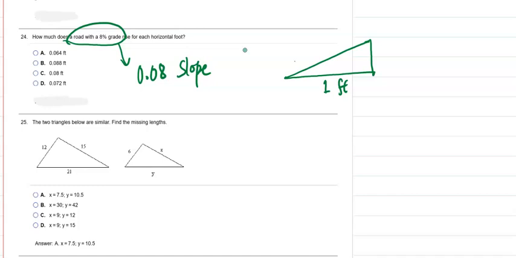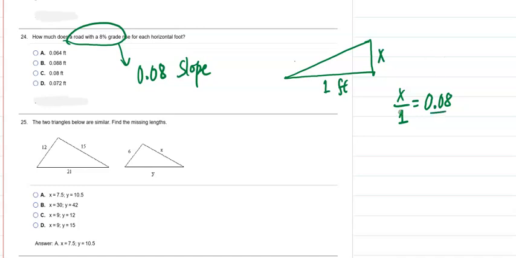So I'm looking for the vertical height when horizontal is going to be 1 foot for this road, which has a slope of 0.08. So let's say x is the height and pretty much the rise. So x over 1, which is the run, equals the slope, which is 0.08, because rise over run has to be equal to the slope, which is 0.08 in this case.